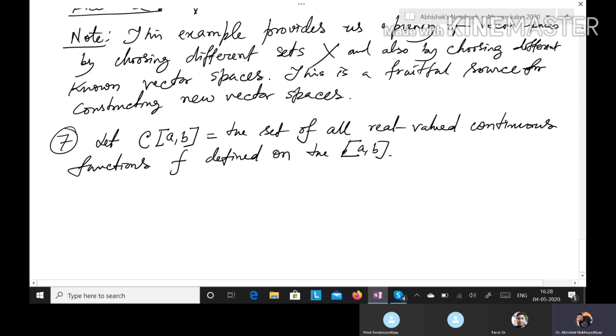So you are considering the set of all real valued continuous functions defined on the closed interval [a,b].